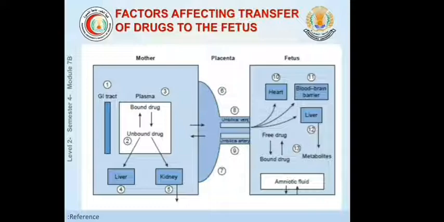Number 3 is the increased maternal plasma volume, also affecting the transfer of drugs, especially drugs which have high affinity for plasma protein binding. Number 4 is altered hepatic clearance of the mother due to physiological changes occurring during pregnancy.